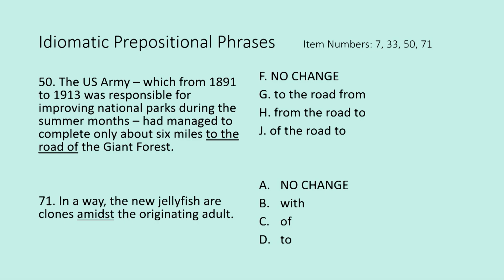The U.S. Army, which from 1891 to 1913 was responsible for improving national parks during the summer months, had managed to complete only about 6 miles of the road to the giant forest. Letter J is the correct one there, the best answer. And 71, which are clones of the originating adult, right? That's what you should have had.